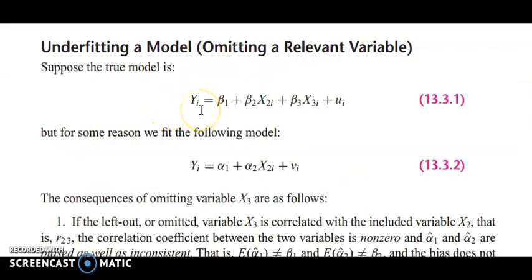Suppose this is the true model, yi as a function of x2 and x3, and for some reason the researcher follows this model, y as a function of x2, omitting the relevant variable x3. What are the consequences of omitting the relevant variable x3?